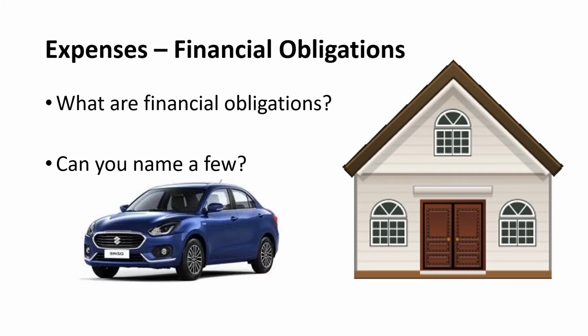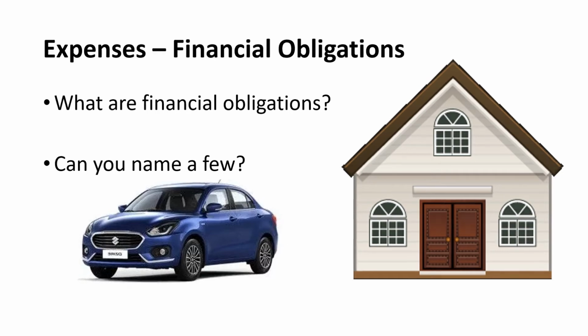The obligation may arise from borrowing funds or from legal action, also called liability. Financial obligations include a mortgage payment, car loan, doctor bill, credit card, loan from a finance company, rent, or a relative. Can you think of any more?